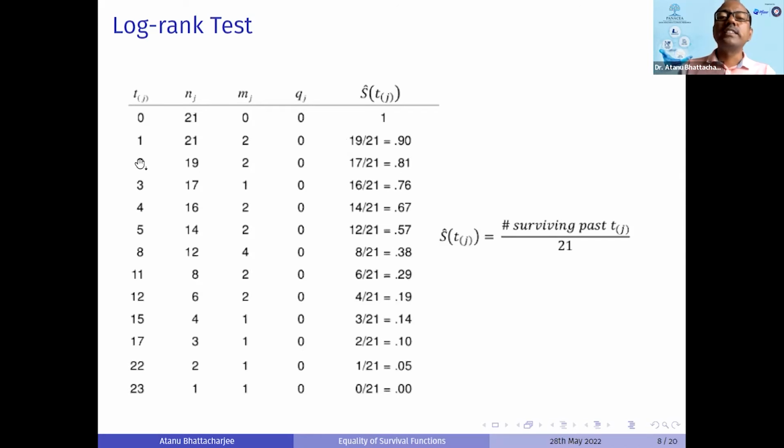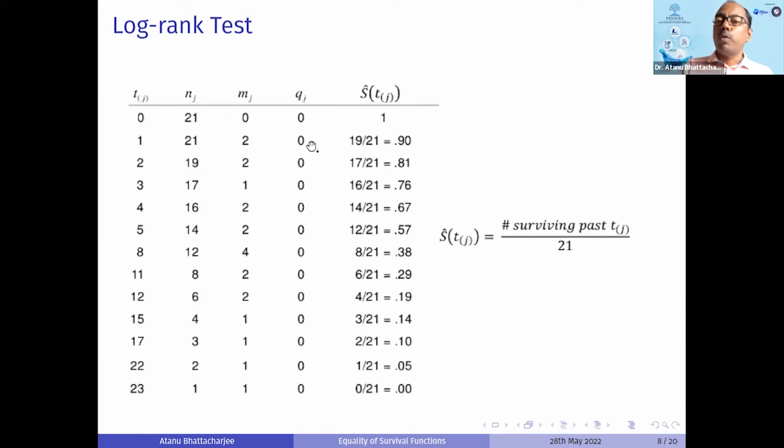Those who survived up to 1 month: 19. Those alive beyond 2 months: 17. So from 1 to 2 months, the probability of survival is 0.8.